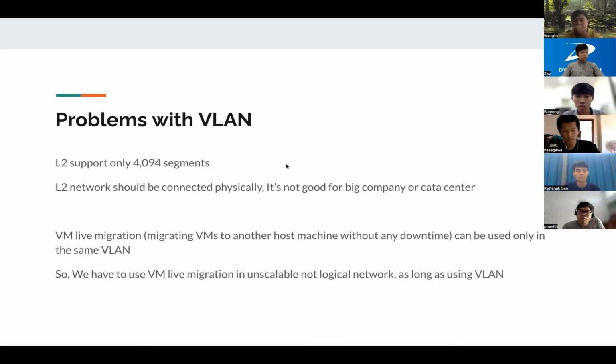So as you understand, using VXLAN, one L2 segment uses another L2 segment's IP address, so we can use live migration without any downtime.